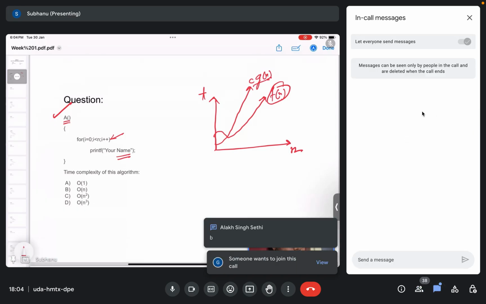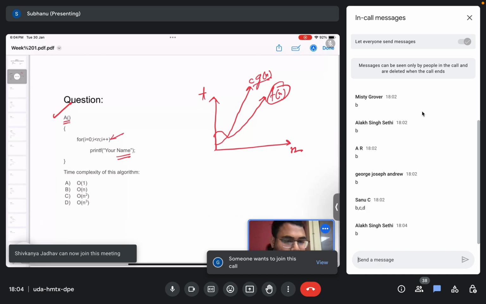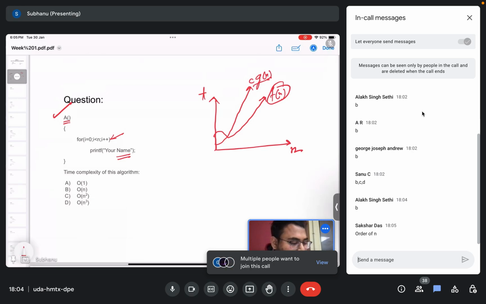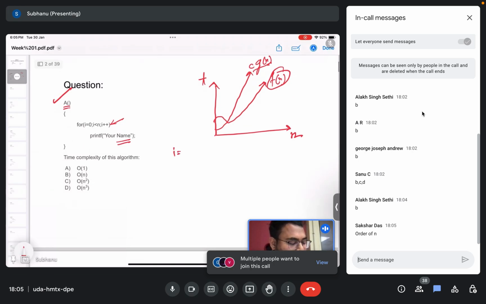You can see here that for i equal to 0 and i less than n, it is printing. If i is equal to 0, it prints your name. For i equal to 1 also, it will print your name. For i equal to 2 also, it will print your name.